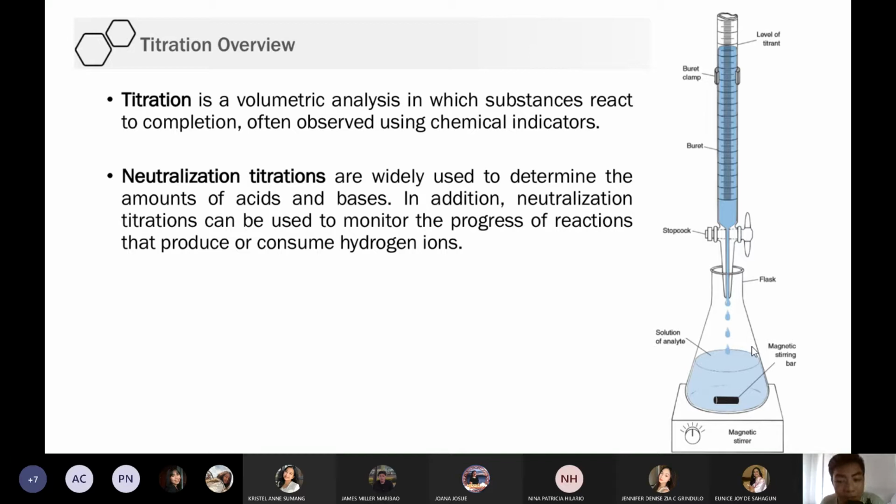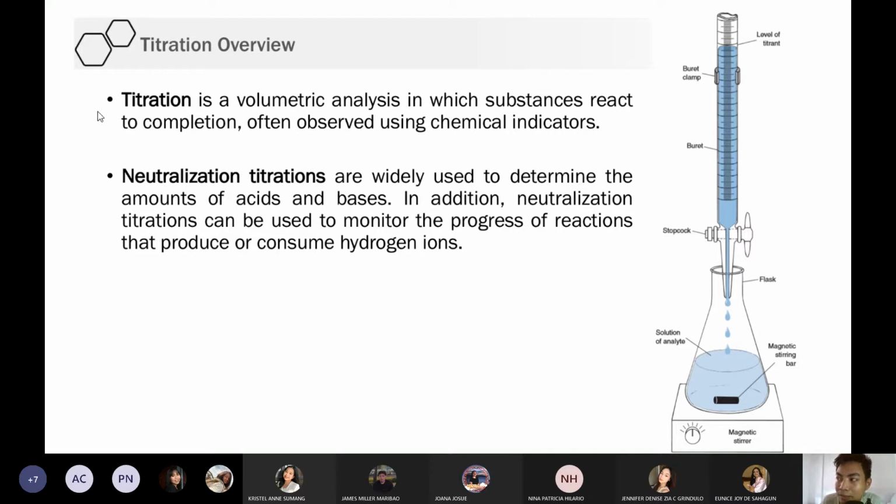Then, mapapansin nyo, magbabago yung color ng liquid sa Erlenmeyer flask. That process is called a titration process. No? Kung saan yung liquid dito sa burette, you react it with the liquid in the Erlenmeyer flask. And as they react together, mayroong change sa color tayong ma-observe with the help of the chemical indicators.